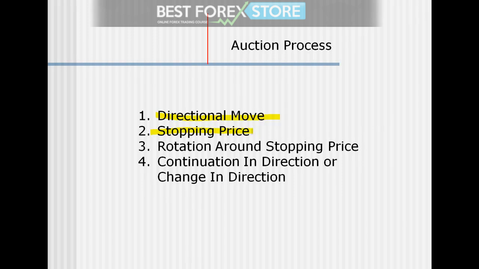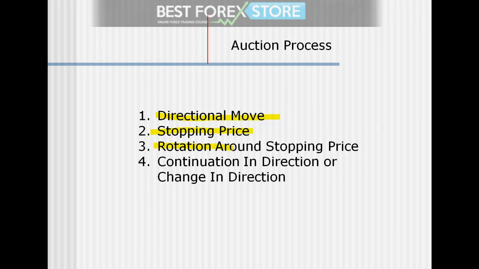Now, what happens when the market begins to find sellers? Well, it determines that it has arrived at a stopping price. This is an area or a level where sellers are now attracted and are beginning to participate. So the market begins to rotate around this stopping price to see how strong those sellers are.